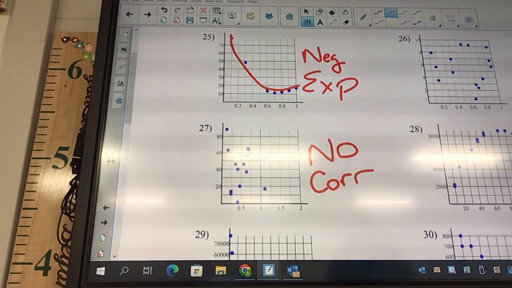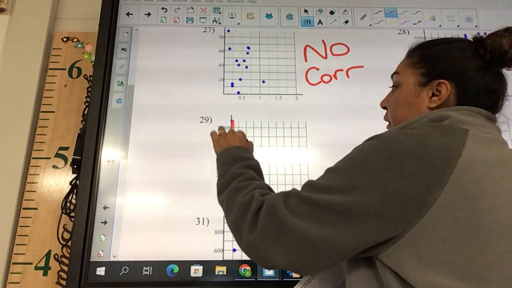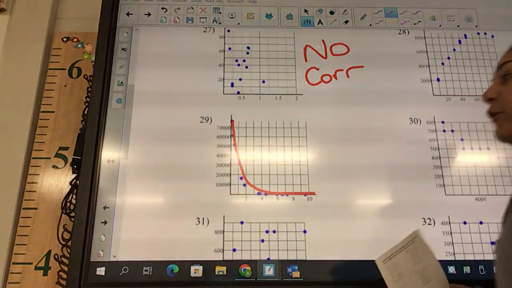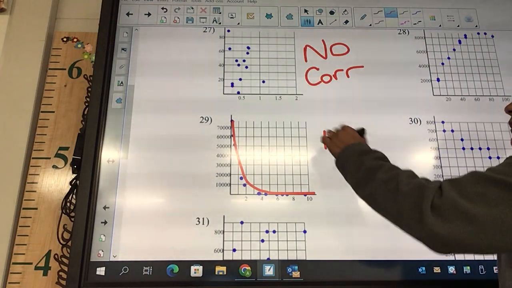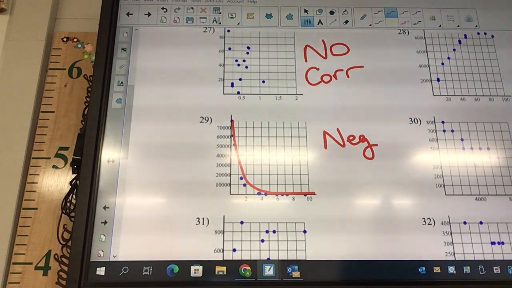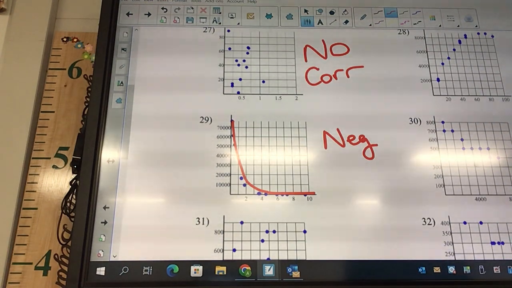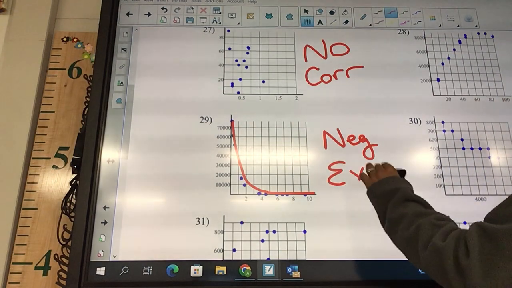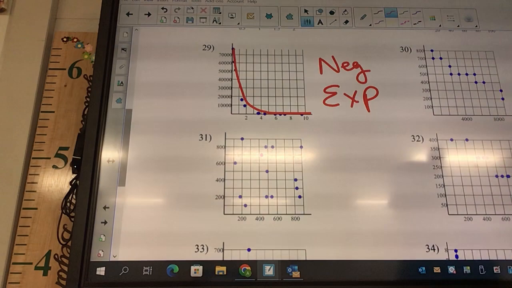29. Which way is that going? Negative or positive? It's definitely negative. Does that look like linear, quadratic, or exponential? It's definitely exponential. Okay, 31.